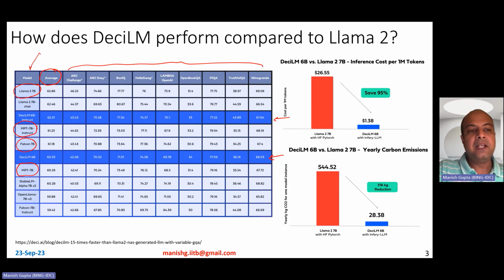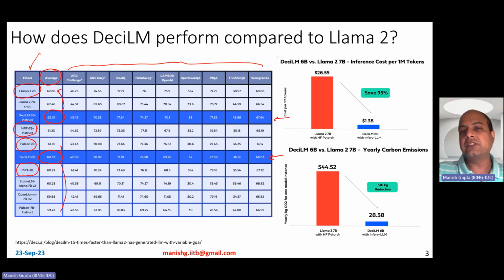DeciLM 6 billion Instruct is not as great as Llama 2, but it is extremely comparable. Similarly, DeciLM 6 billion by itself is pretty comparable to other models, for example Falcon 7 billion Instruct or even Falcon 7 billion. So they are comparable in performance. It's not like DeciLM improves performance significantly, nor does it lose performance. By performance, I mean accuracy here. But from an inference perspective, the inference is 15 times faster.